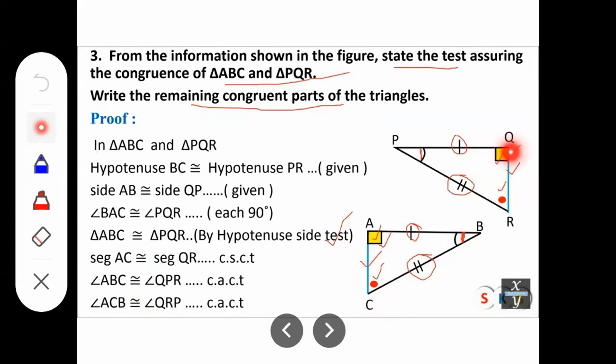So QRP will be the correct name. Angle ACB is congruent to angle QRP. The reason is corresponding angles of congruent triangles. You can also write in short, CACT and CSCT. That is also correct.